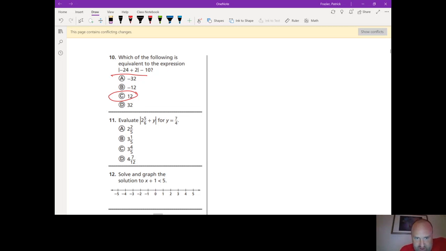So we're dealing with the joy that is mixed fractions. We're going to make them both into improper fractions in this case. So we have 2 and 5/6 plus 7/4, and it's the absolute value of those two things.